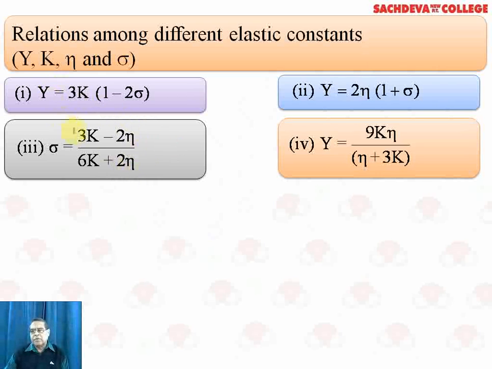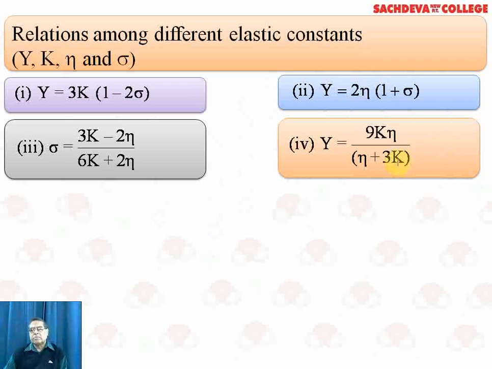In the fourth formula, Young's modulus will be 9 times k neta, where k stands for bulk modulus and neta stands for the coefficient of rigidity, divided by coefficient of rigidity plus 3 times the bulk modulus of elasticity.